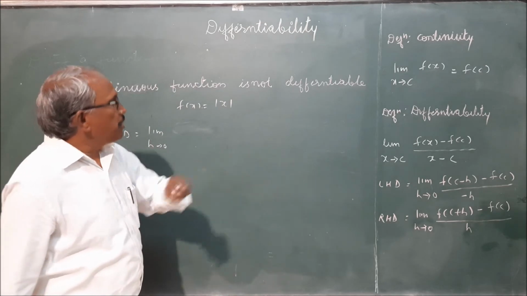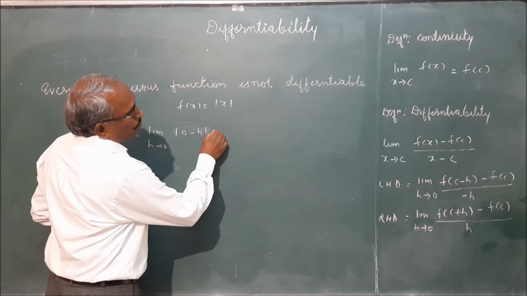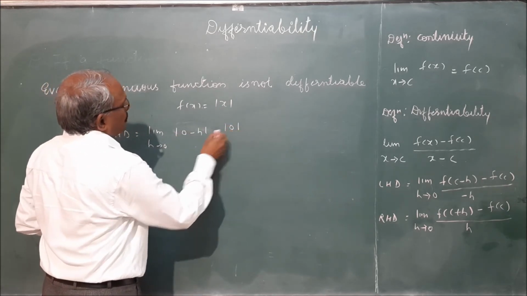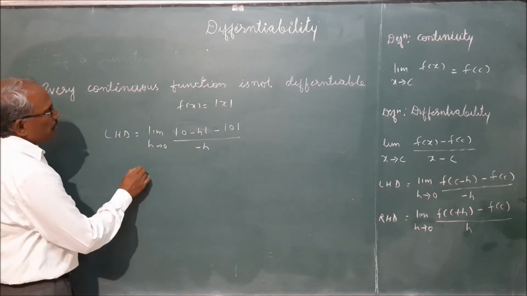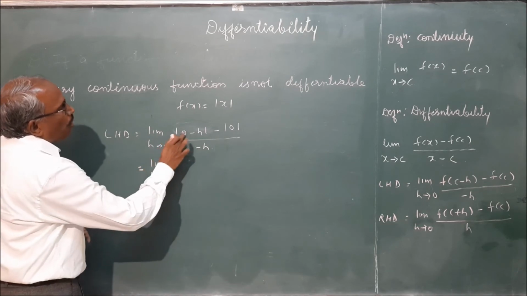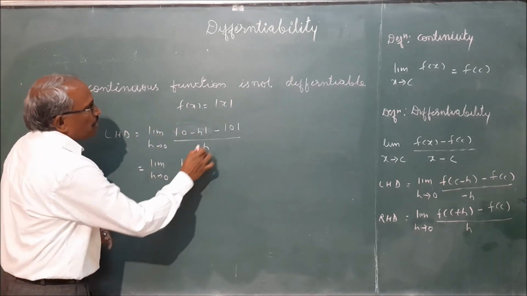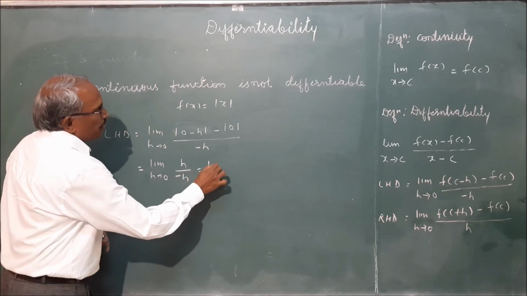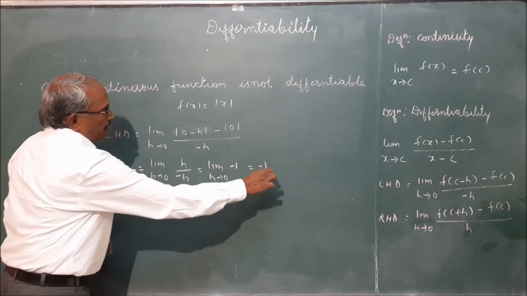So this is [mod of (0 minus h) minus mod of 0] upon minus h. Mod of (0 minus h) is h, minus 0, upon minus h. So this is limit h tends to 0 of minus 1, which is equal to minus 1.